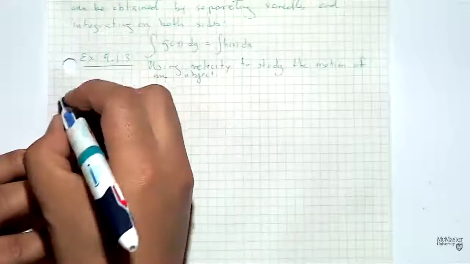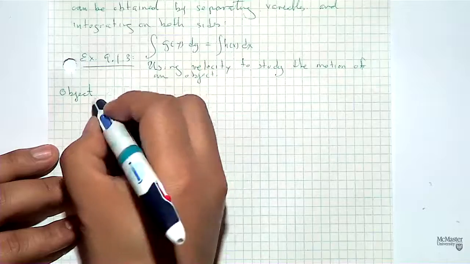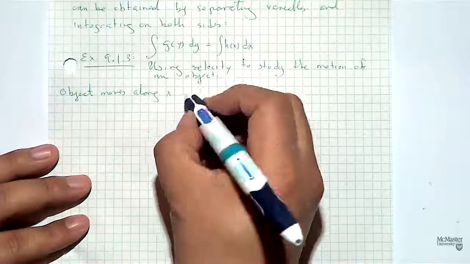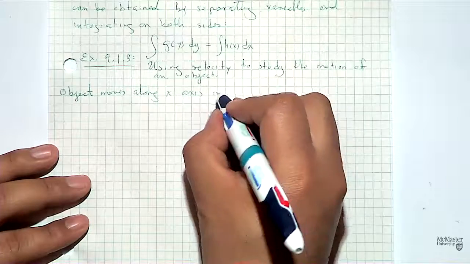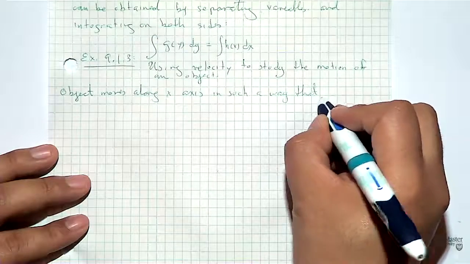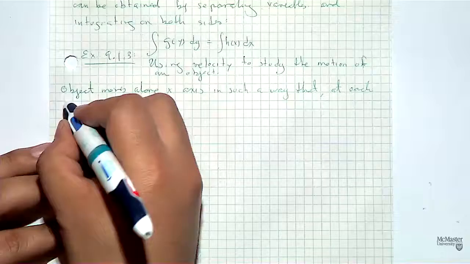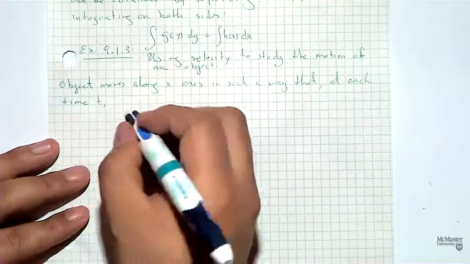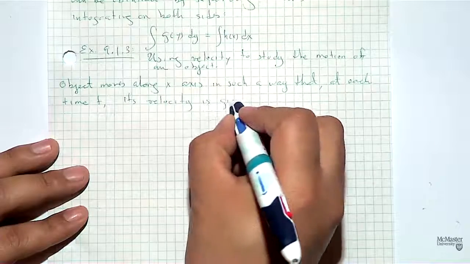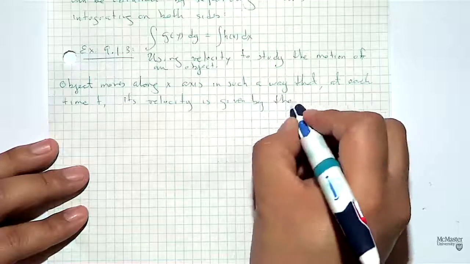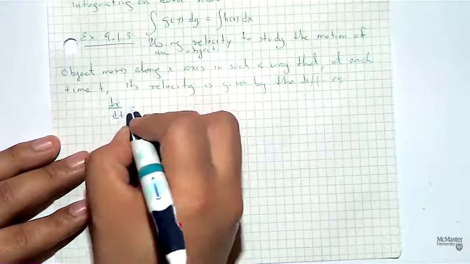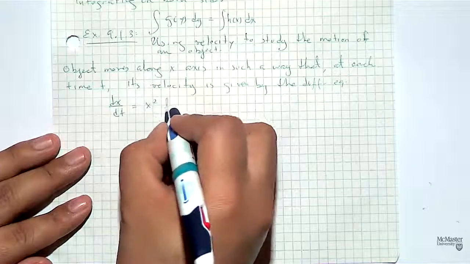The information is that the object moves along the x-axis, meaning that the movement is in one dimension, in such a way that at each time t, its velocity is given by the DEQ dx over dt equal to x squared natural log of t.